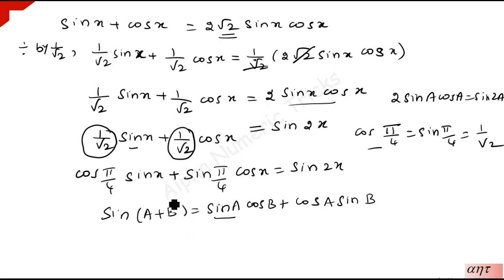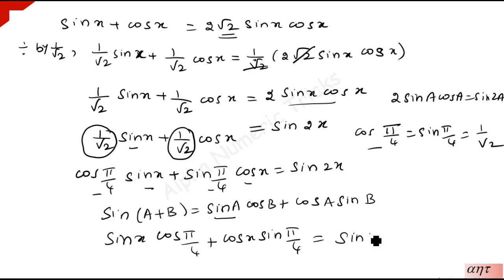So here we have sine a cosine b, and cosine a sine b. So we can rewrite this term, taking the sine term first, as sine x cosine pi by 4 plus cosine x sine pi by 4 is equal to sine 2x, or you can write this as sine of x plus pi by 4 is equal to sine 2x.